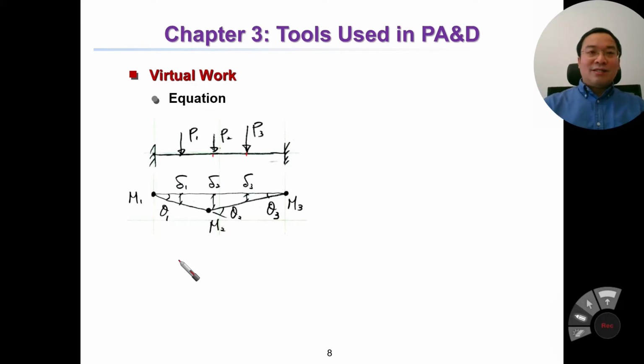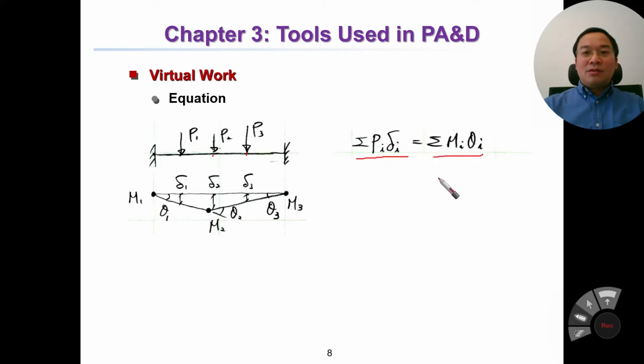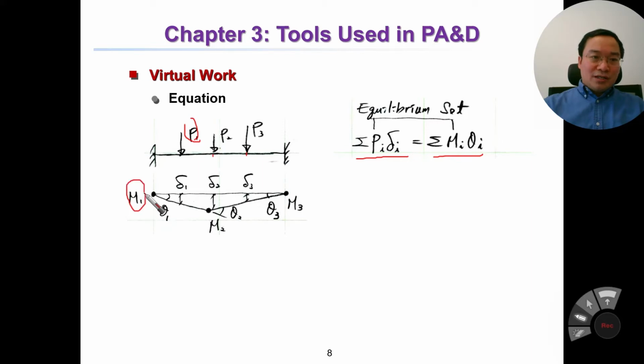And now, the important part is the equation of the virtual work. This is the equation of the virtual work. This is external work, and it equals internal work. The set of loads or the strength of the section is called the equilibrium set.